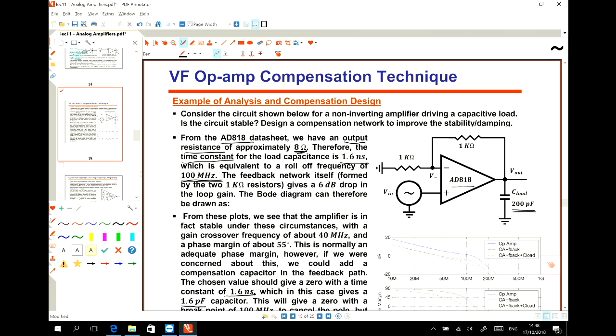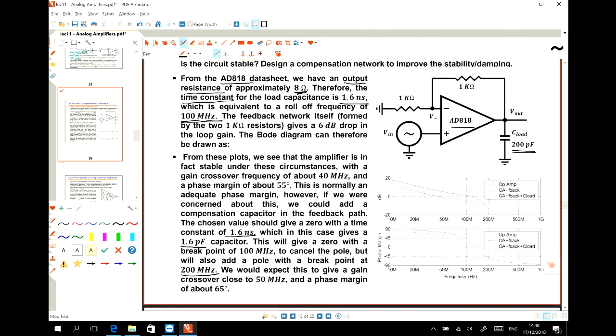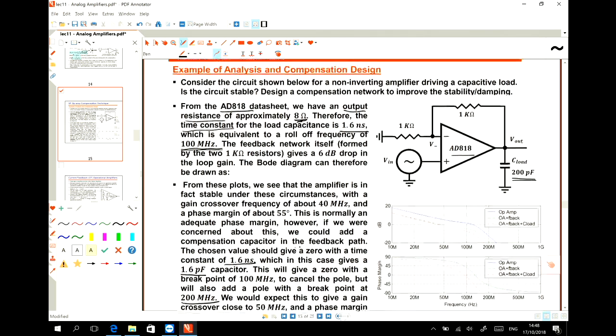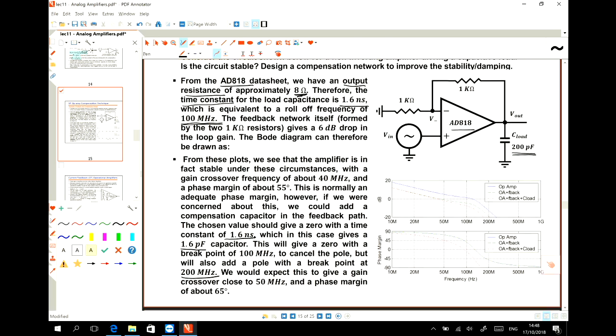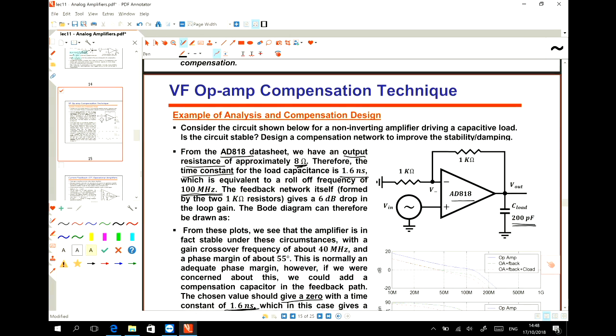So to get rid of that, we can, for example, use another capacitor to make a zero exactly at this one, and then this capacitor is 1.6 picofarad. So a 1.6 picofarad capacitor in the feedback, I mean here.